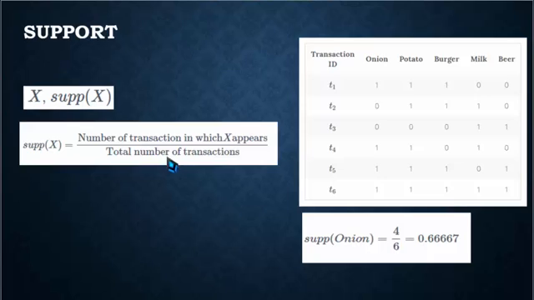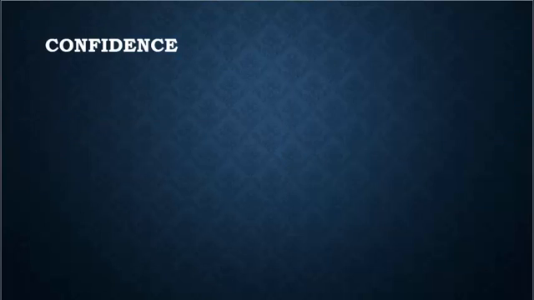The total number of transactions is 6. When we divide, we get 0.66667. That is the support for onion.